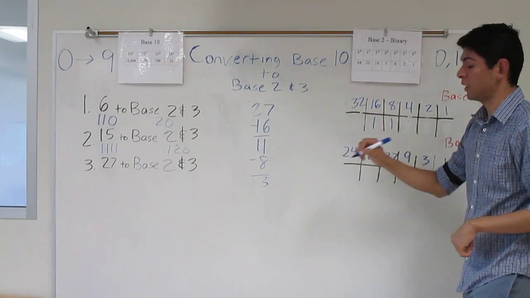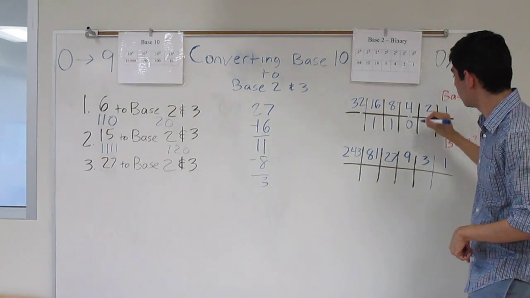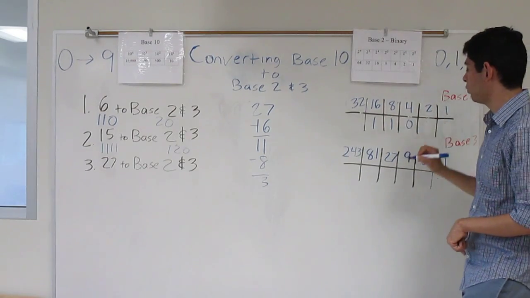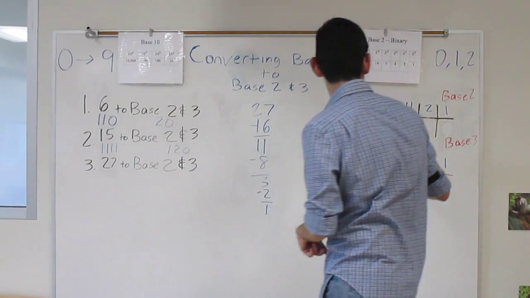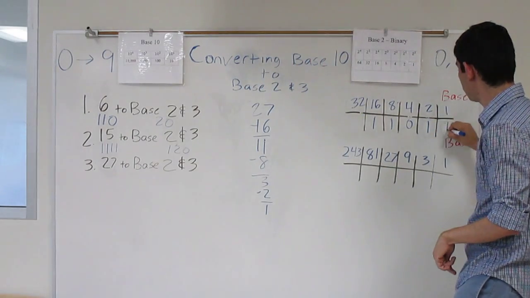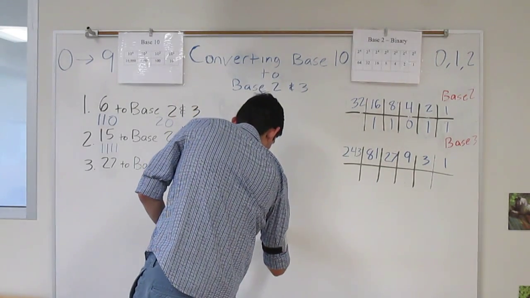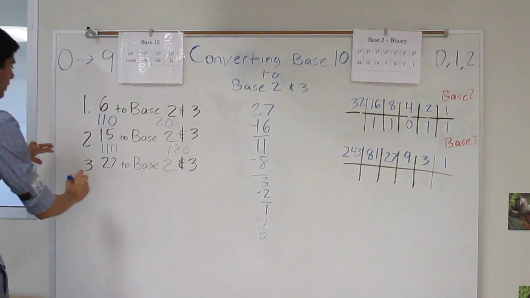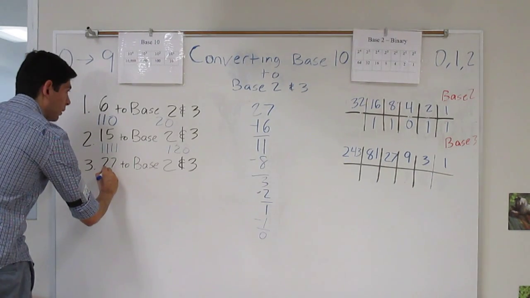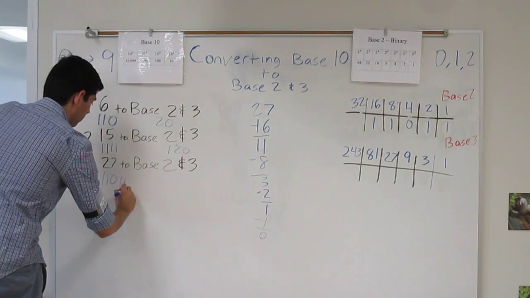Now 4 does not fit into 3, but we do not skip it. We actually put a 0 because it's 0, like we did with the other ones. 2 fits into 3 one time. We place a 1, and 1 fits into 1 one time, and it gives a remainder of 0. So 27 converted into binary will be 1, 1, 0, 1, 1.